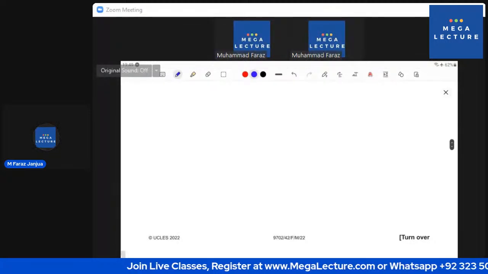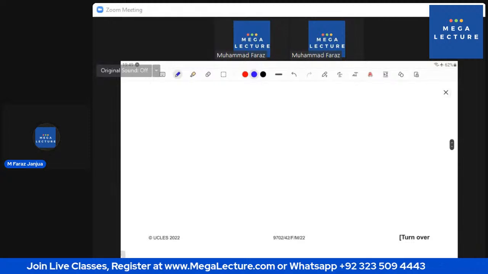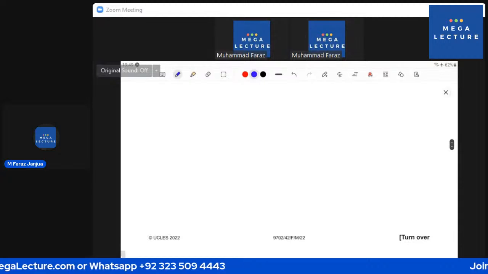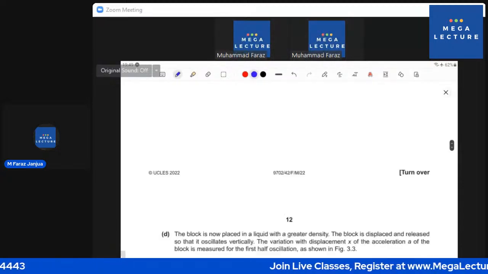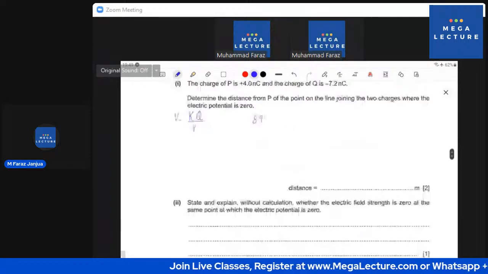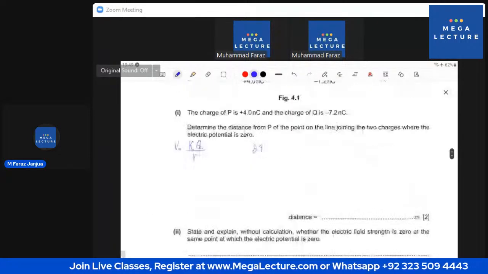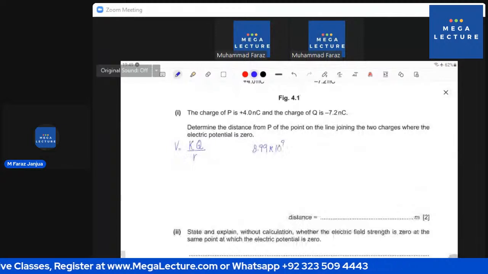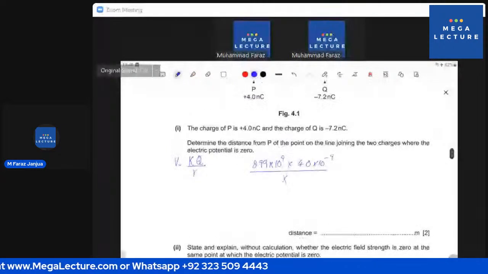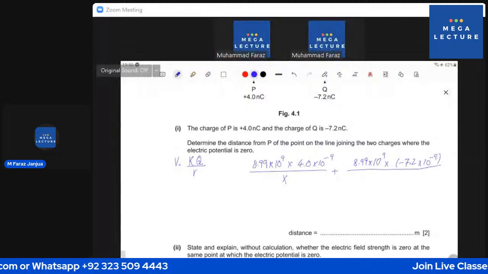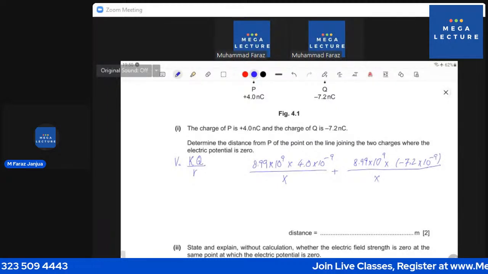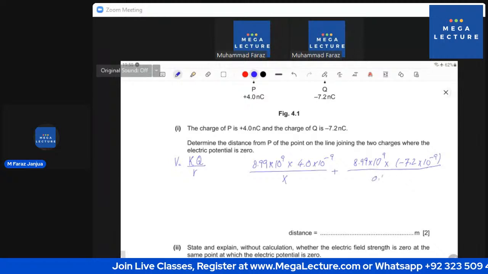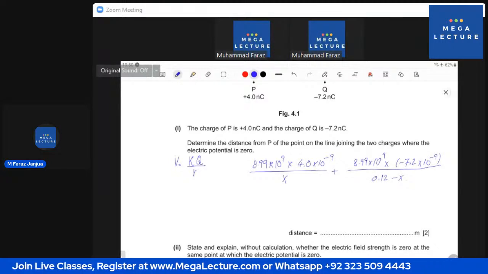So we have 8.99 times 10 to the power 9 times 4 times 10 to the power minus 9 divided by x, plus 8.99 times 10 to the power 9 multiplied by minus 7.2 times 10 to the power minus 9 over 0.12 minus x.